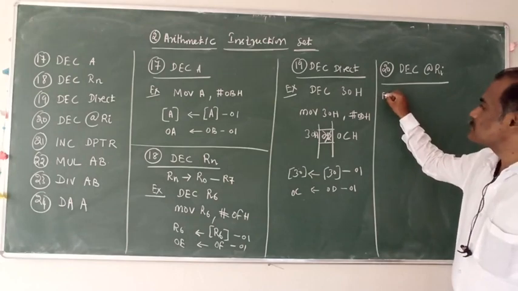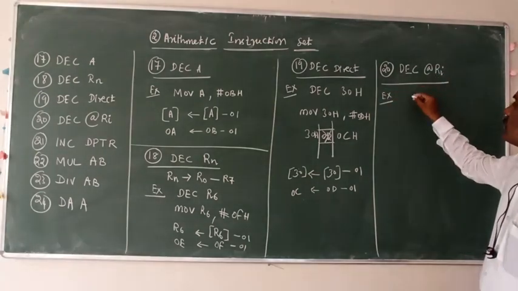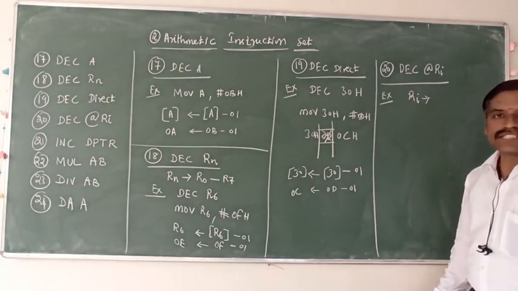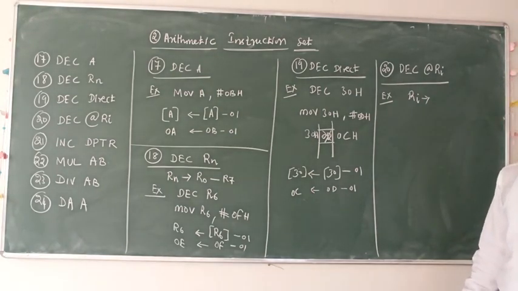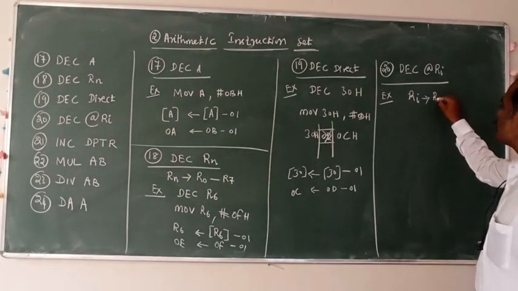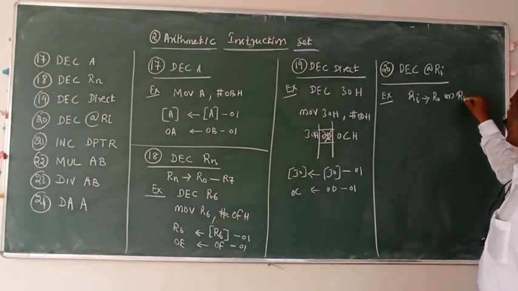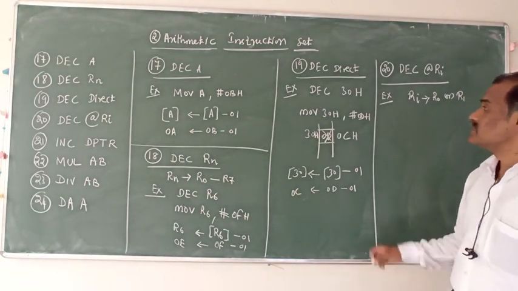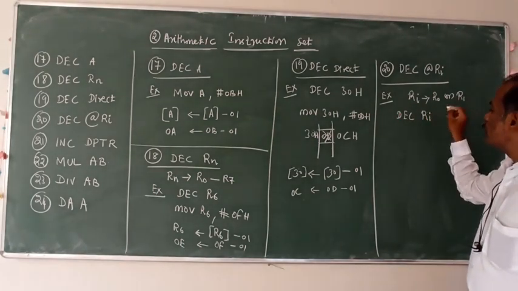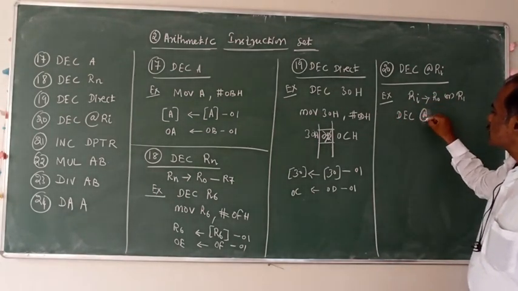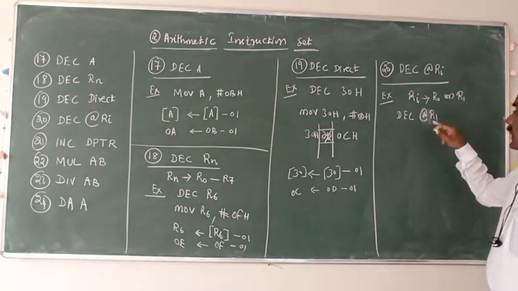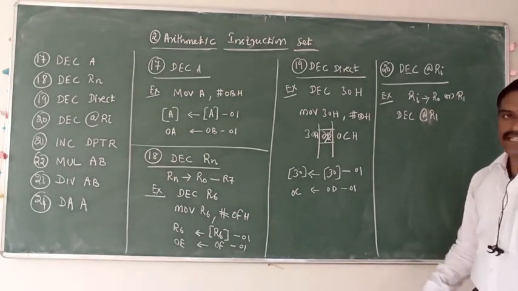Okay. Example. Here Ri means internal register. For the internal register we can use only two registers, either R0 or R1. Example, DEC @R1. DEC @R1, the address memory location data.